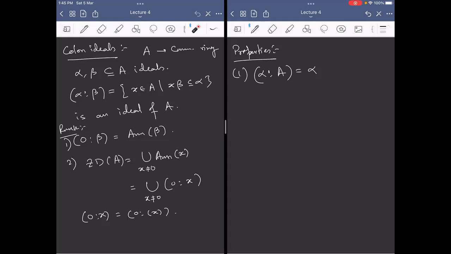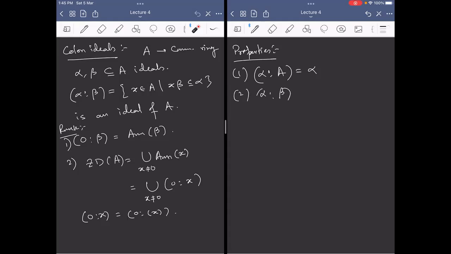Because if you take some element x from alpha and multiply with A, then it resides in alpha. And conversely, if you have some x in the colon ideal, then x times 1 has to be inside alpha, and therefore x is in alpha. So this is a trivial observation.